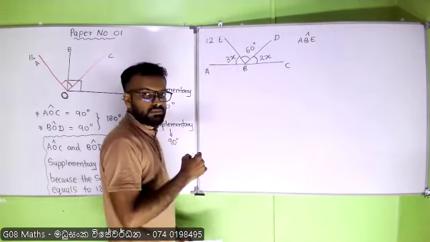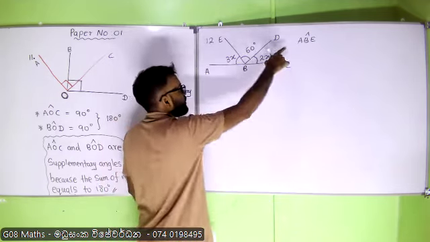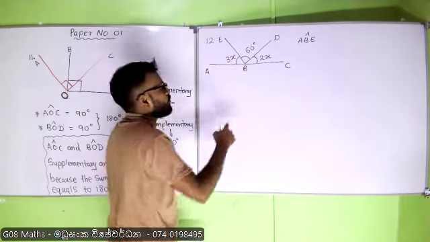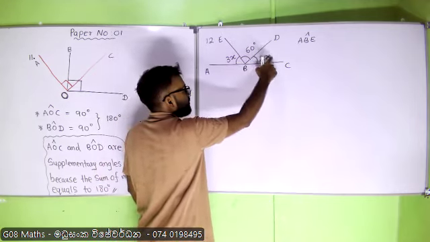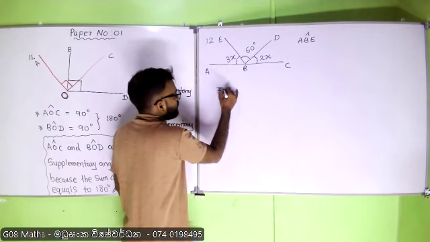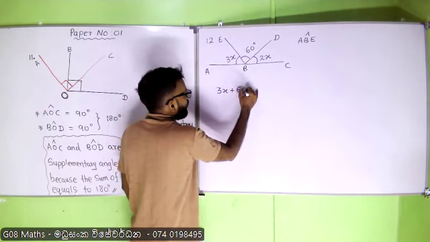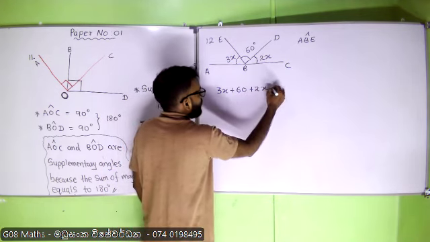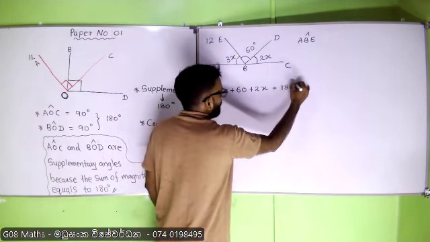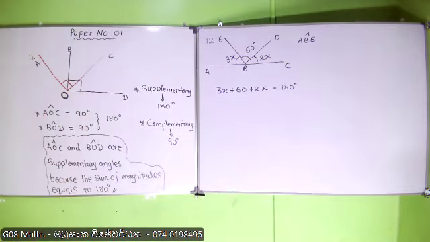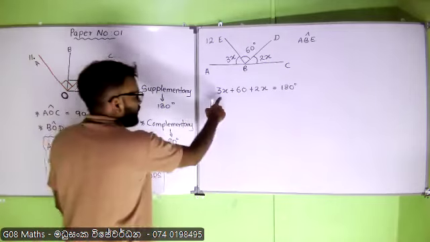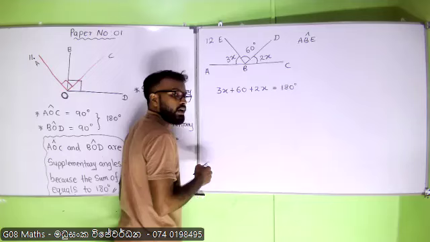So if you want to find the magnitude of ABE, what are you going to do? 3x plus 60 plus 2x equals 180 degrees.